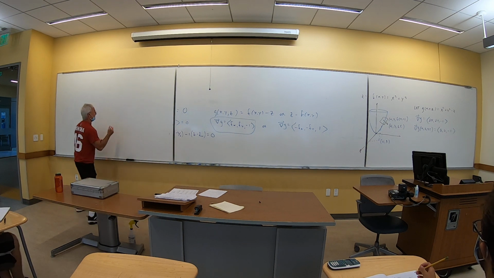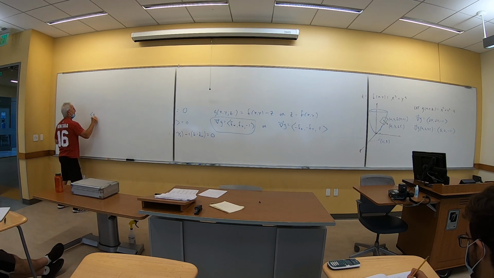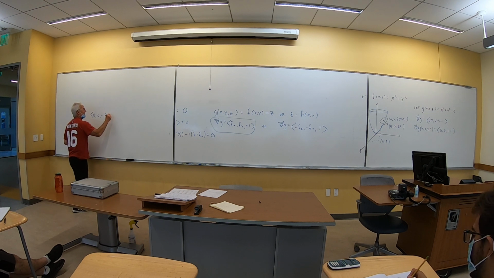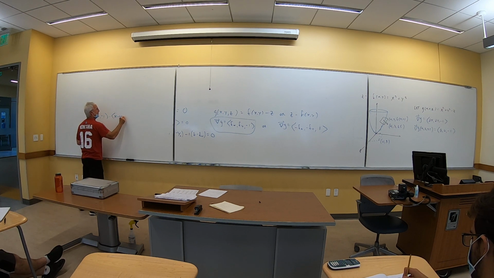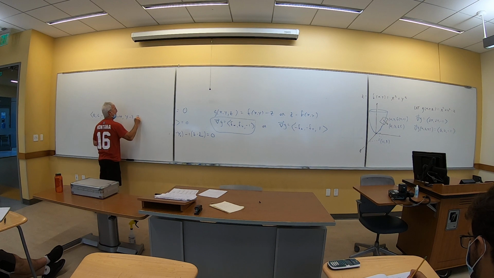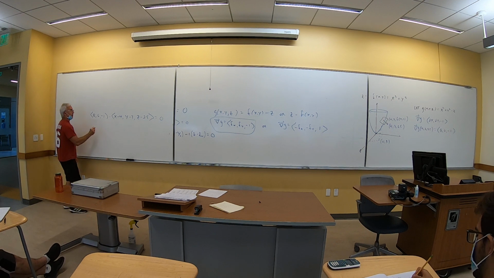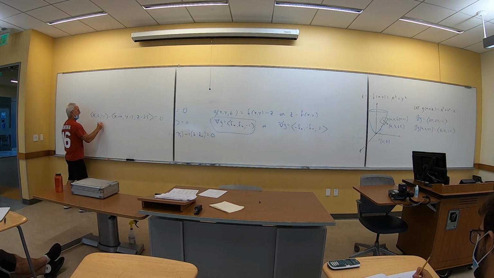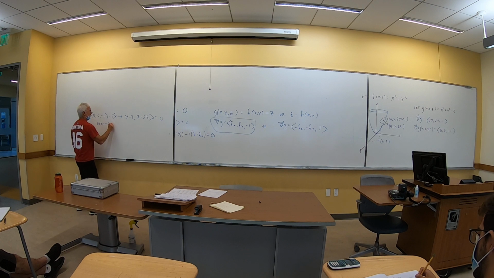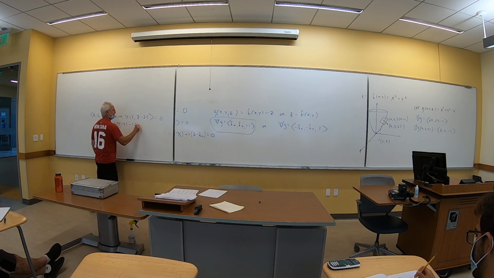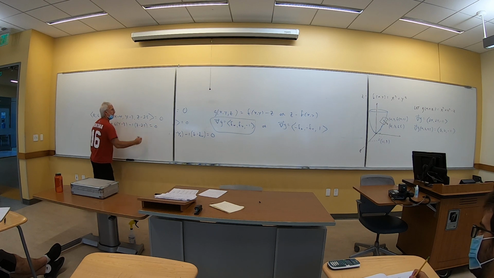Technically, it's going to be 8, 6, negative 1, dotted with x minus 4, y minus 3, z minus 25, and I'm setting that to 0. Most of us know we could have jumped to the next step, which is 8 times x minus 4, plus 6 times y minus 3, minus 1 times z minus 25.